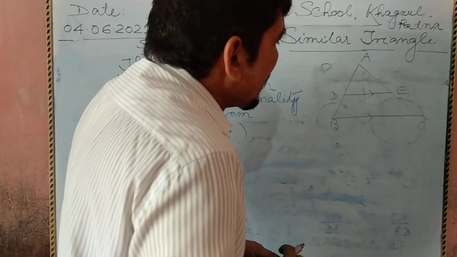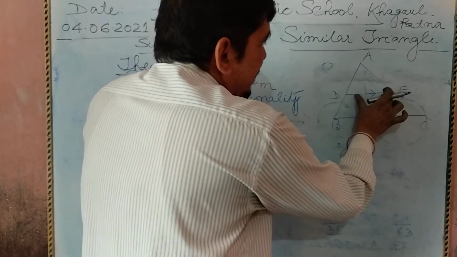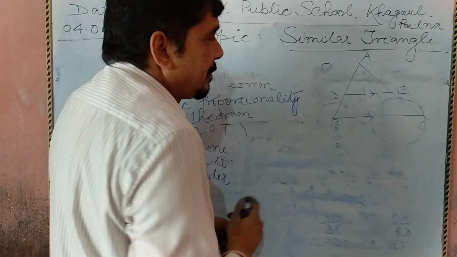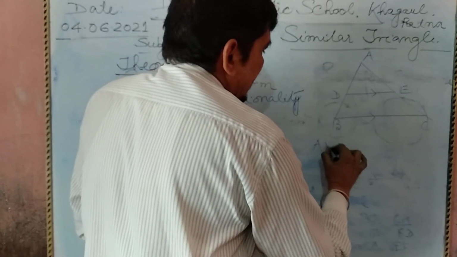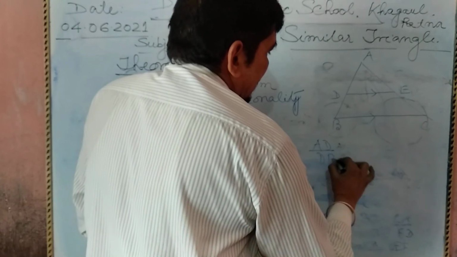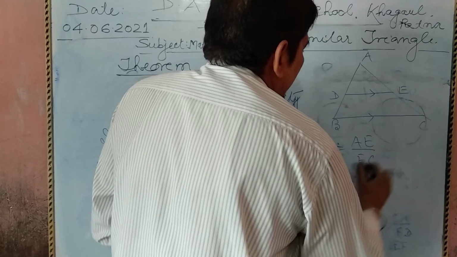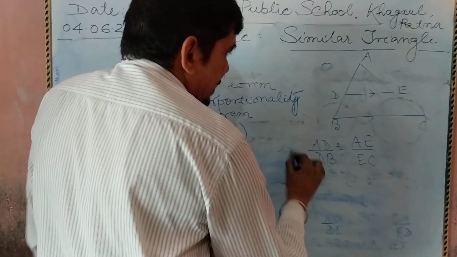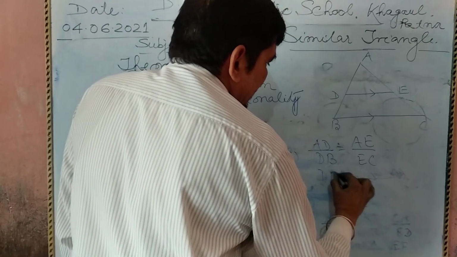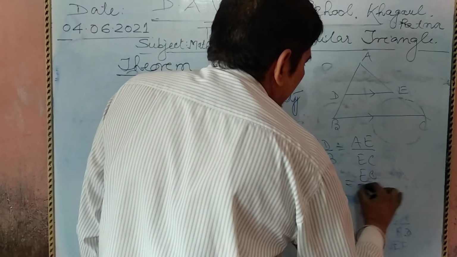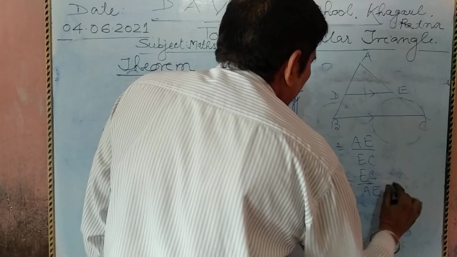Then line segment DE divides the remaining two sides AB and AC in the same ratio. That is AD by DB is equal to AE by EC. Like this you can say DB by AD is also equal to EC by AE.